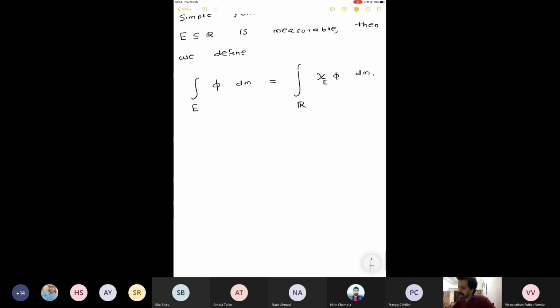Okay, and it is called the integral of phi over E with respect to Lebesgue measure.